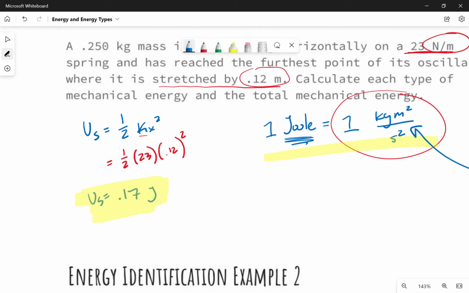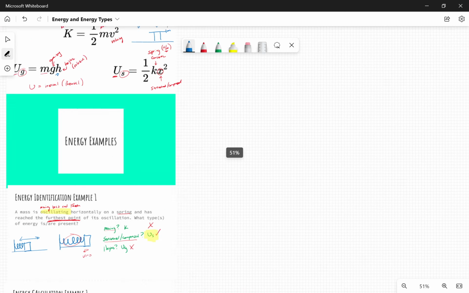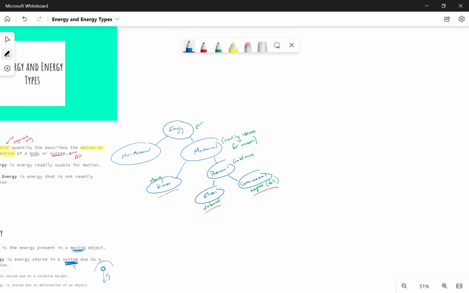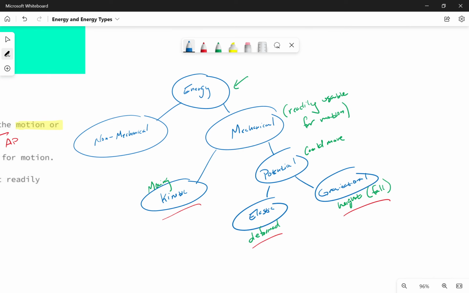So there's your overview on energy. We've covered this taxonomy of energy classification that I'm just going to briefly review again. So we've got this idea that energy is kind of this currency of motion. It's what you have to be moving or to make something move. And we tend to lump that into two categories. It could be non-mechanical, meaning that it's not usable for motion, or it can be mechanical, meaning that it is motion or it's useful for motion. And then we break that down further into kinetic, something that is moving, and potential, something that it could easily move.